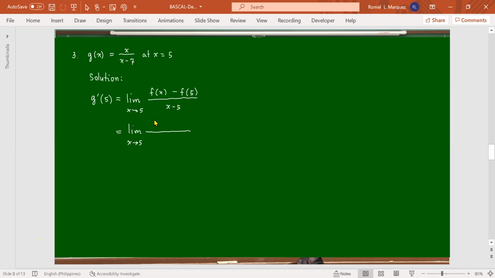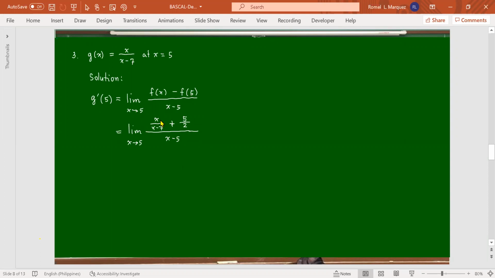You just copy the quotient. x over x minus 7. That is f of x. Minus f of 5. What's the value of the function when x is 5? 5 over what, guys? Is it 5 over negative 2? Negative, so it is now positive, right? Am I correct? All over x minus 5.